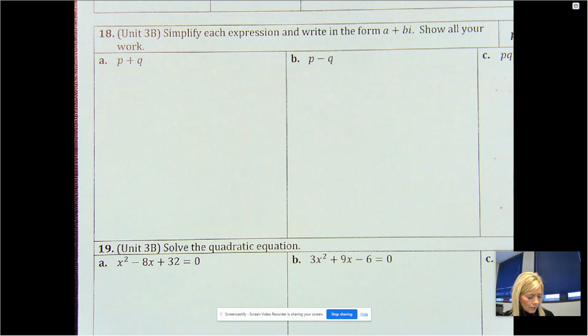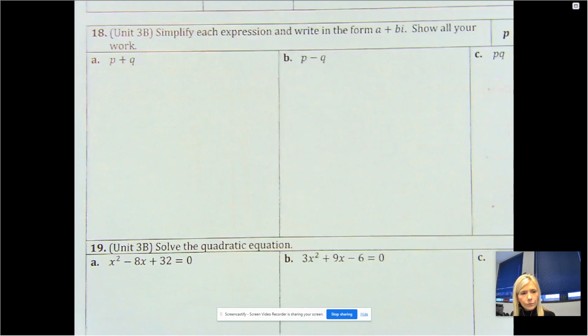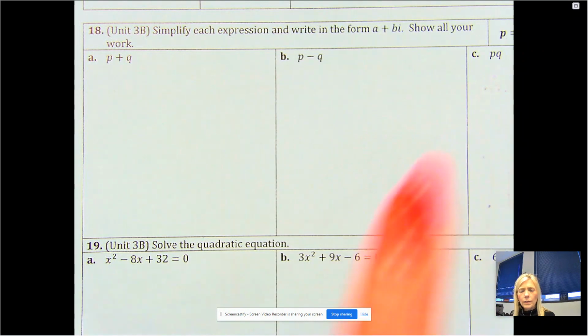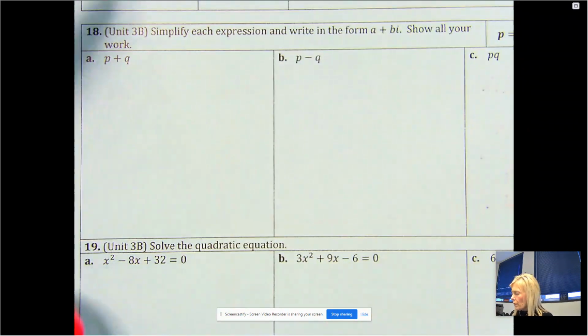And so again, I'm just going to do the P plus Q, and actually maybe I'll just do all 3 of them.